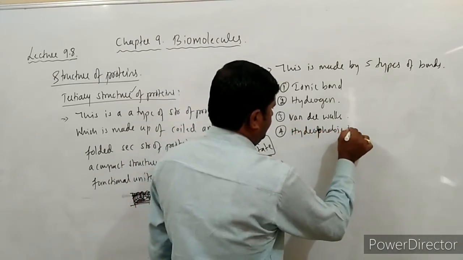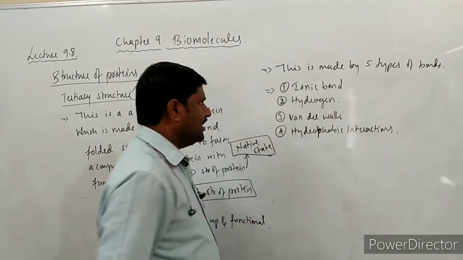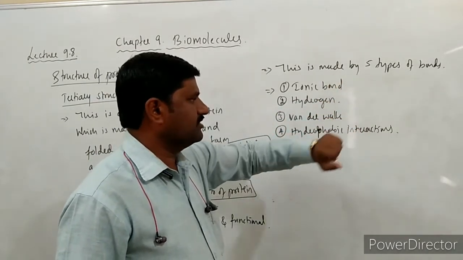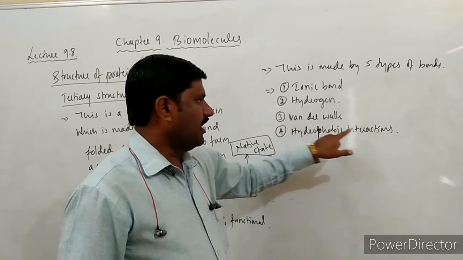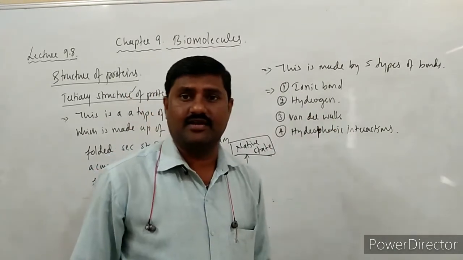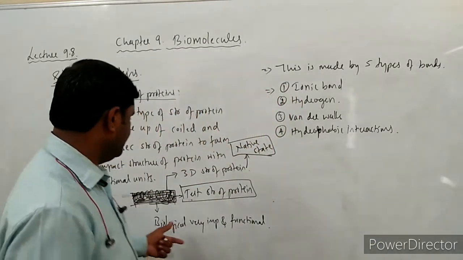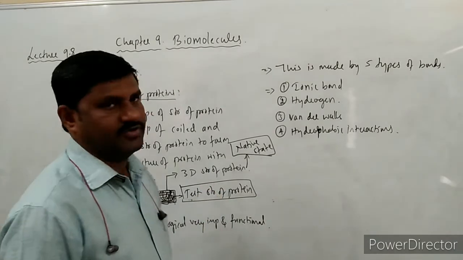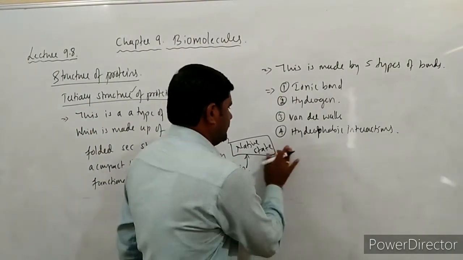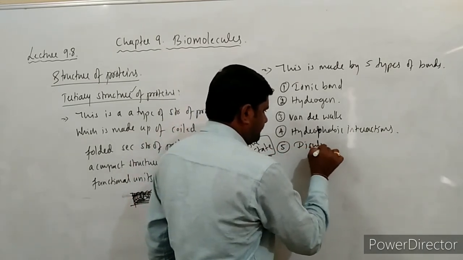So ionic bond is there, hydrogen bond is there, van der Waals bond is there, and hydrophobic interactions are there. So different types of bonds are involved in the formation of this tertiary structure of protein. One more I have to write here: disulfide bond.